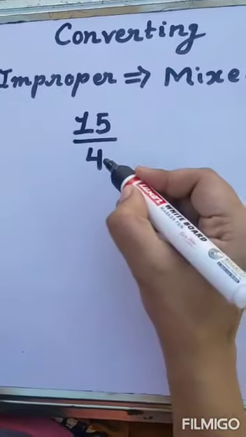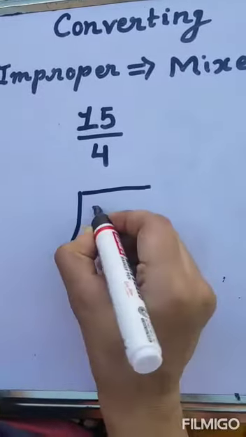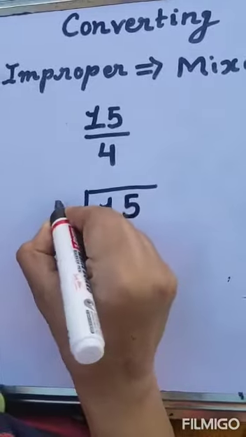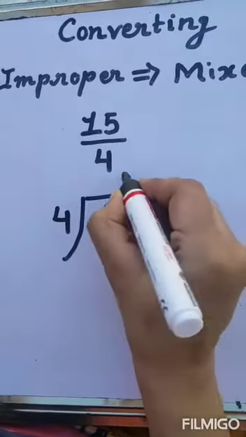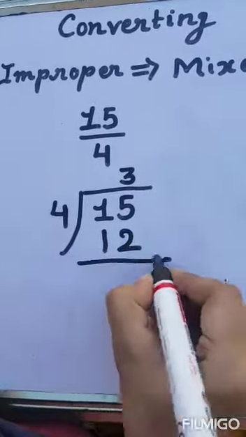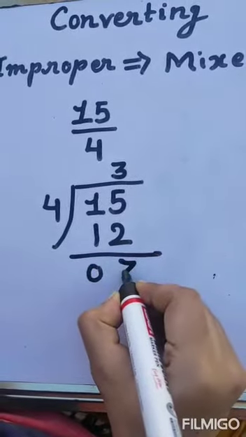So we will be dividing this 15 by 4. 4 3s is 12, and 15 minus 12 is 3.